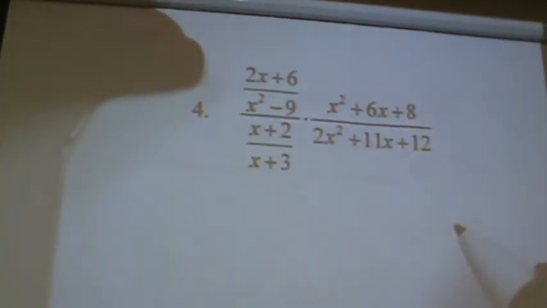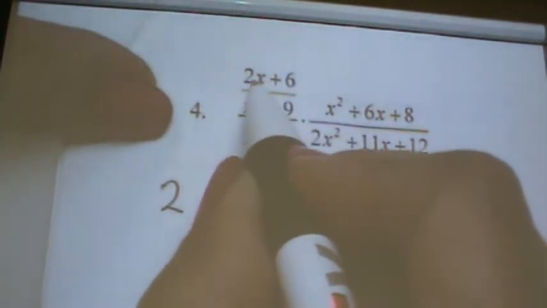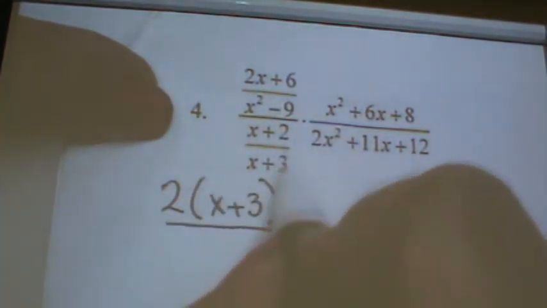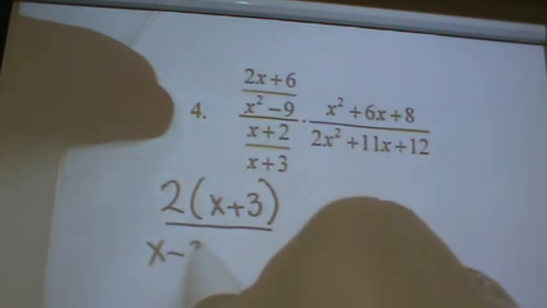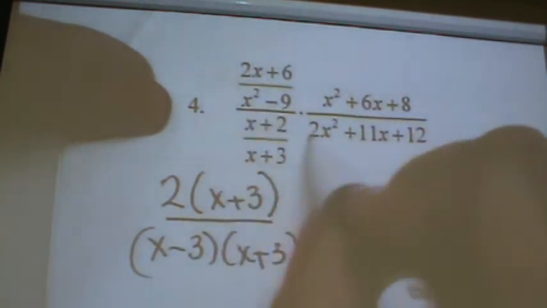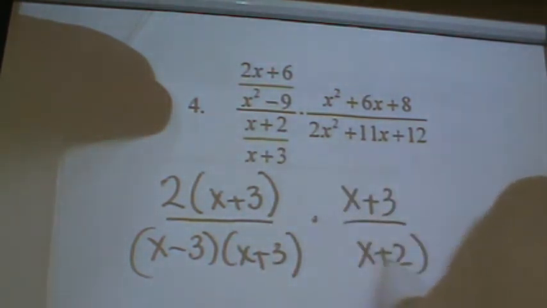Okay, number 4. This is a division, so let's factor this at the same time. Take out a 2, you're left with x plus 3. Let's factor this, x minus 3, x plus 3. Let's flip this and put this x plus 3 on top and x plus 2 on the bottom.